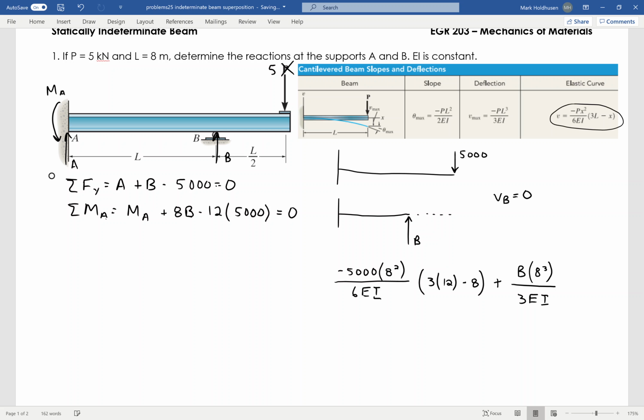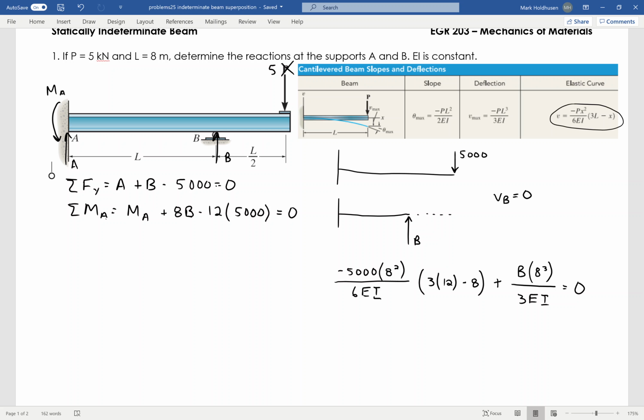So I have the deflection at 8 meters of a 12-meter beam, and then an 8-meter beam at its end. Adding those two together, they have to add up to 0.